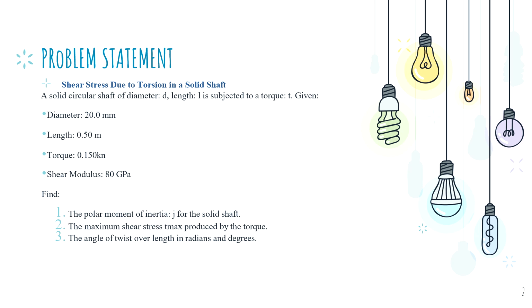My problem states there's a solid shaft of diameter D, length L, subjected to a torque T. Given the diameter 20 millimeters, length 0.50 meters, torque 0.150 kilonewton meters, shear modulus 80 gigapascals, we are asked to find the polar moment of inertia J for the solid shaft, the maximum shear stress Tmax produced by the torque, and the angle of twist over length in radians and degrees.